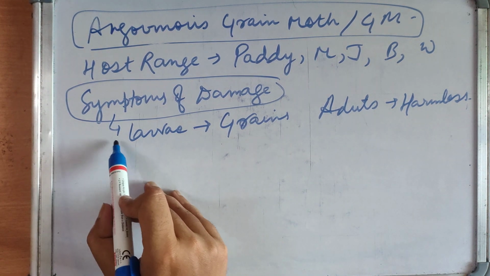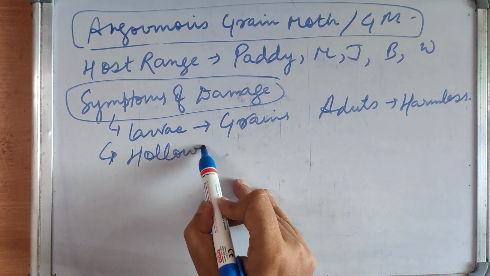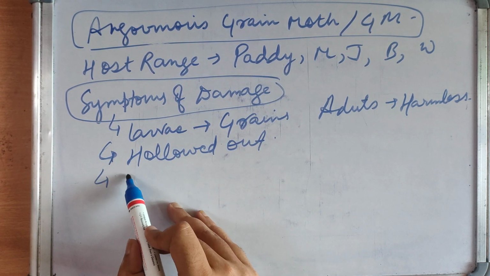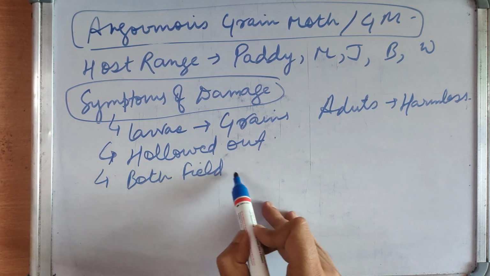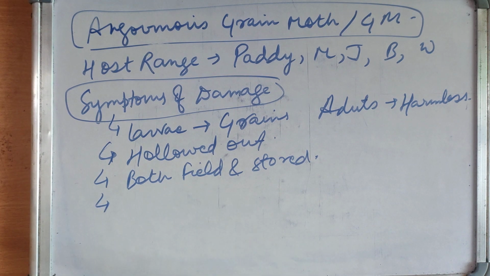Grains are hollowed out. It attacks both field and stores. In stored bulk grain, infestation remains confined to the upper 30 centimeters of depth only.